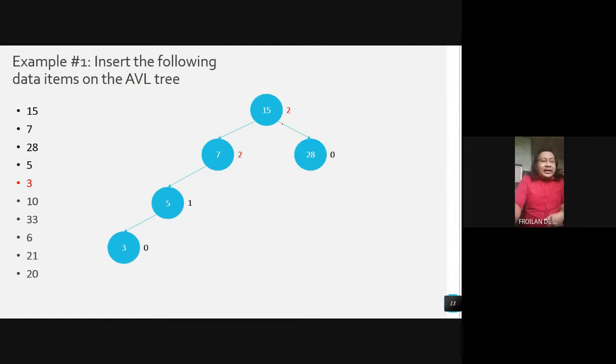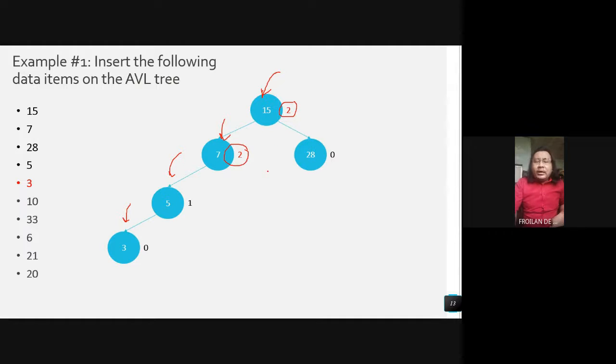Now, I entered 3. Okay? When I entered 3, it is less than 15, less than 7, less than 5. So 3 will be inserted on this location. Now, obviously, when I try to compute the balance factor for each node on this AVL tree, you will notice that you have two nodes that have a balance factor of 2.